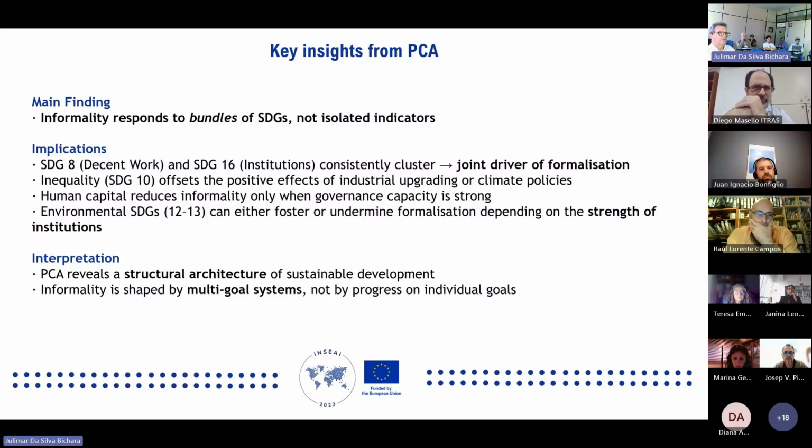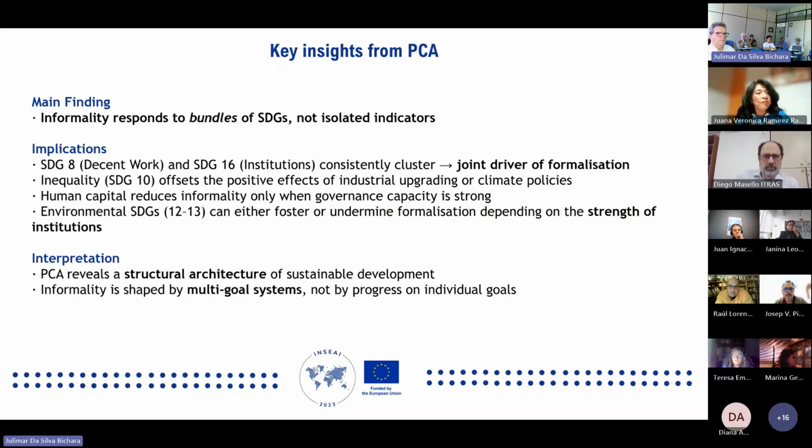So basically, the key insights from the PCA part of the study. Informality basically responds to bundles of SDGs, not isolated indicators. And we have also some implications, such as decent work and institutions being considered a cluster, and basically it's a joint driver of formalization.